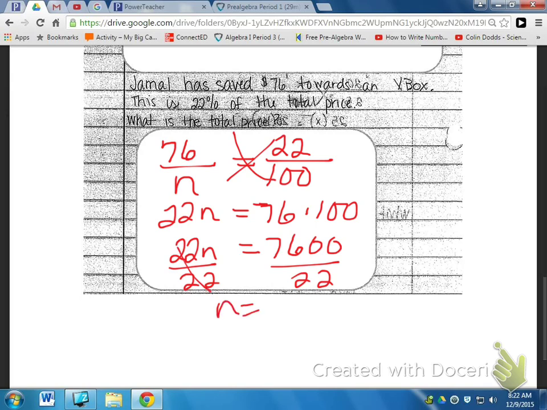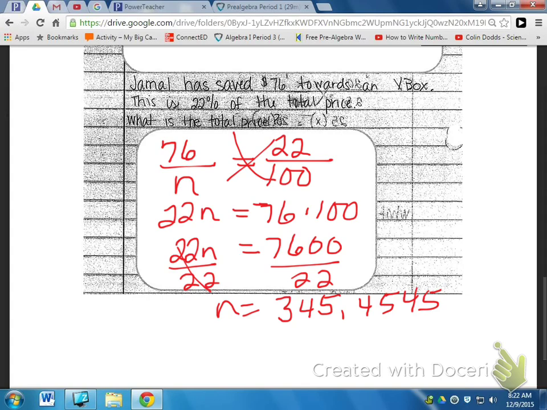And again, this is where I would let you use calculators to figure this out. And we got to remember this is money. It says 345.45, and so on. And it says, what's the total price? So it's money.